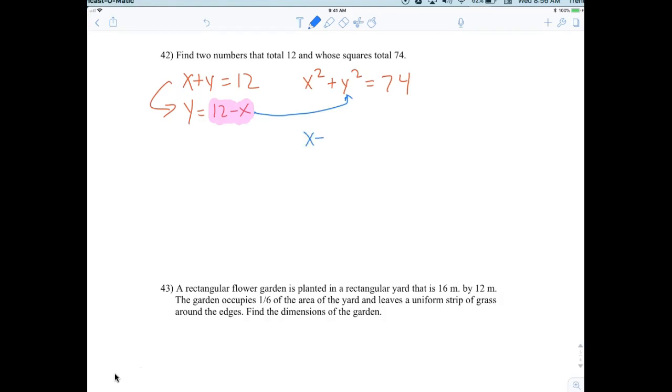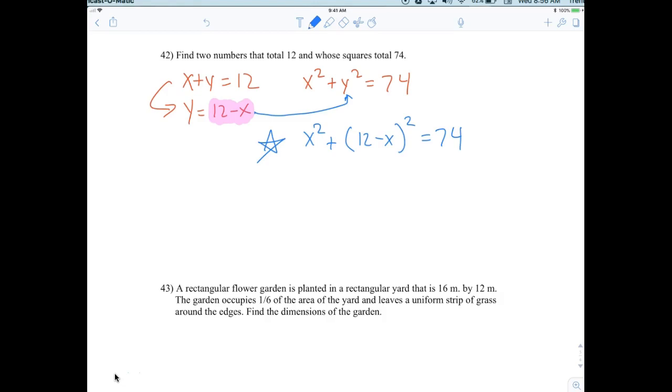X squared plus, open parentheses, 12 minus x, squared, equals 74. Now that's the hard part right there. So everybody look up and make sure you understand that difficult problem. All I did was replace y with 12 minus x. I just plugged it in. Anybody have any doubts about that?